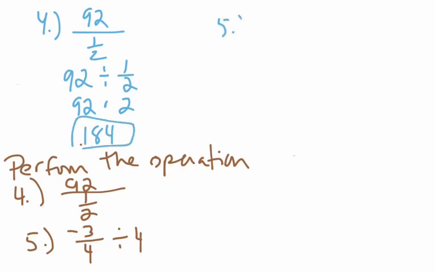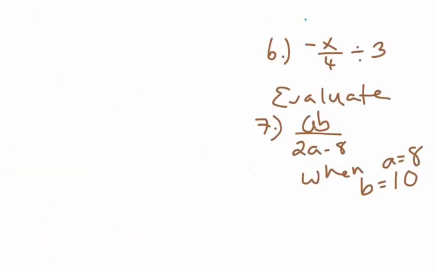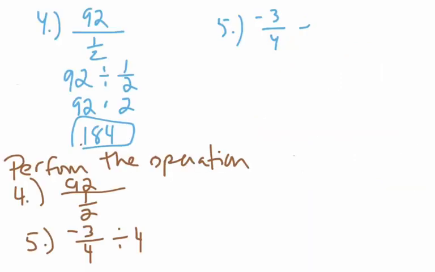Number 5, we have negative 3/4 divided by, whoa, I added 2 whole pages to my presentation here. Negative 3/4 divided by 4. And so we're going to rewrite that as multiplication by the reciprocal. The reciprocal of 4 is 1/4, and then go ahead and multiply straight across.